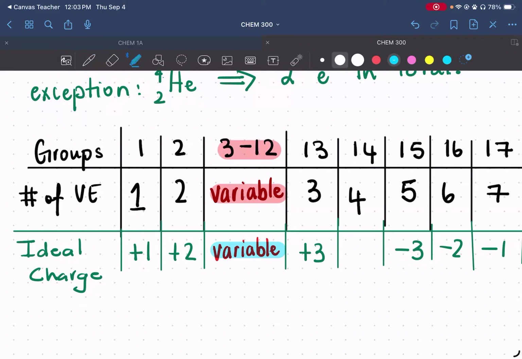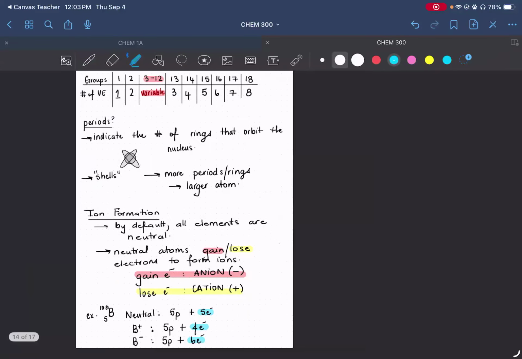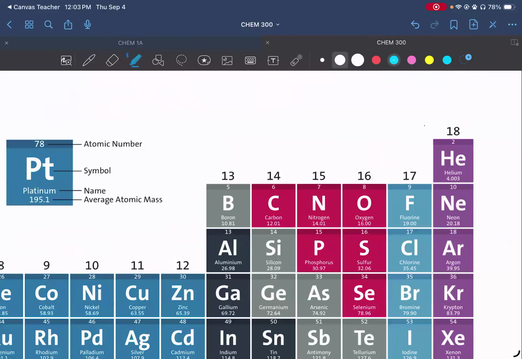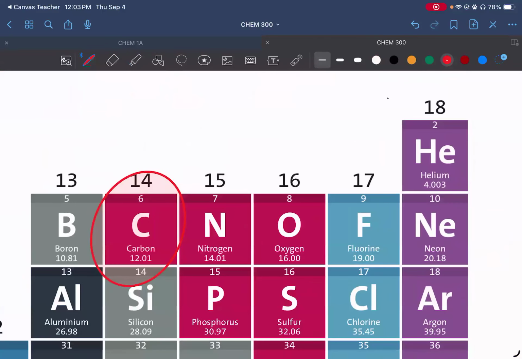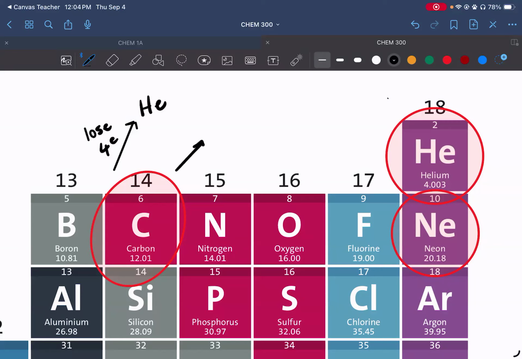The big question, of course, is group 14. Because see, the issue with group 14, if we take carbon, for instance, its closest noble gases are helium and neon. It has 2 choices. It can either lose 4 electrons, it will look like helium, or it can gain 4 electrons to look like neon.